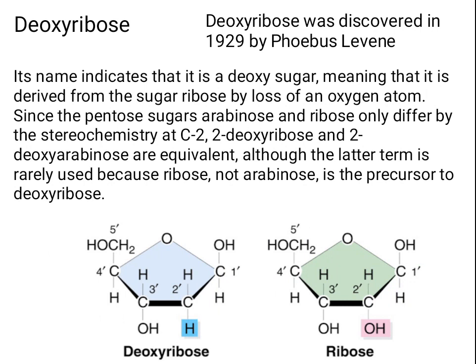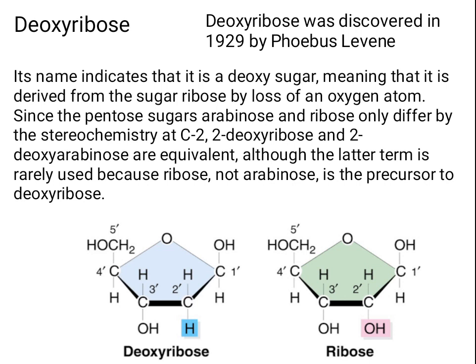Now come to deoxyribose. Deoxyribose was discovered in 1929 by Phoebus Levene. Its name indicates that it is a deoxy sugar, meaning that it is derived from the sugar ribose by loss of an oxygen atom.